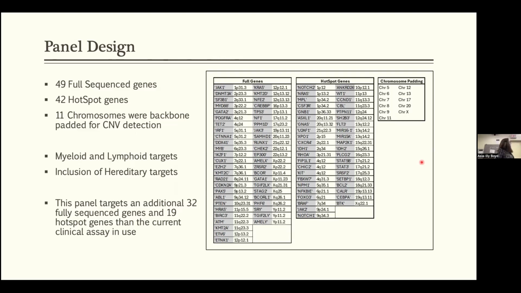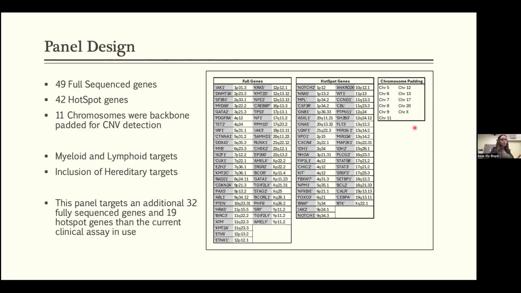On the far right-hand side, that's the chart of the various chromosomes we added in. Those chromosomes were specifically chosen because of their involvement in both myeloid and lymphoid leukemia. So we made sure we chose as many targets as possible that are both myeloid and lymphoid. We also included some hereditary hematological targets as well, because we're trying to look to the future.